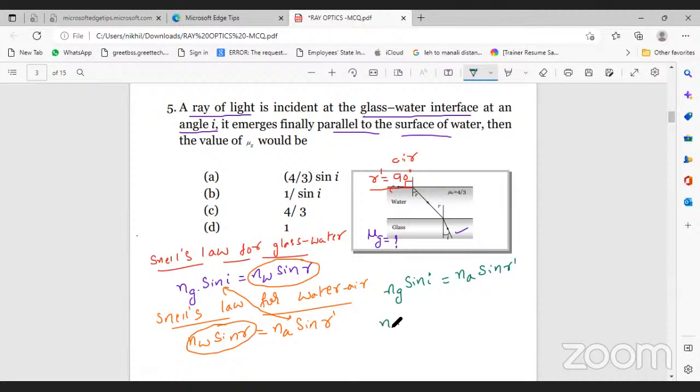Ng I have to calculate, sin I we don't know, right? Sin I also we don't know. So do one thing.